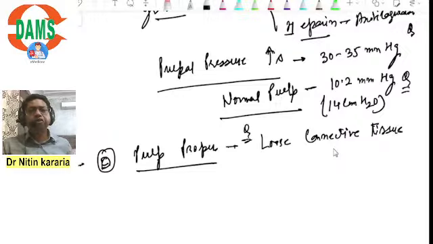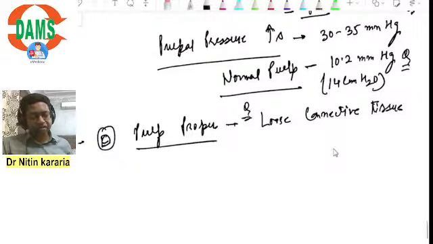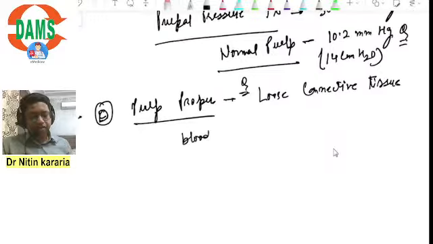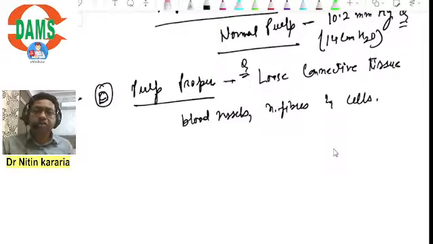So what type of tissue is dental pulp? It is a loose connective tissue. It consists of numerous blood vessels, nerve fibers, and cells. Cells we have already discussed. What are the cells present in the dental pulp? And the highest number of such cells are present in which zone? The third zone, that is the cell-rich zone.